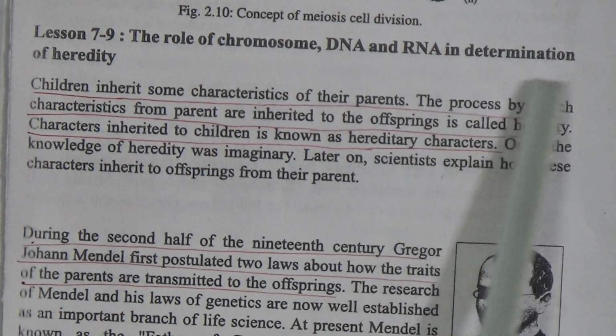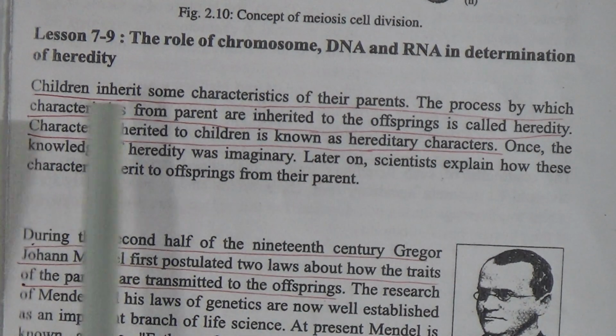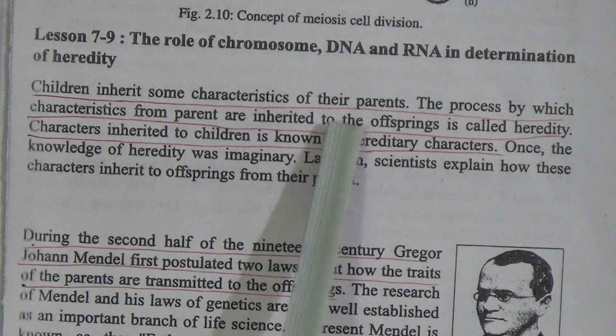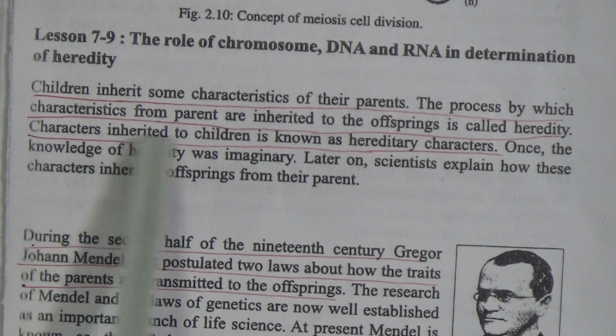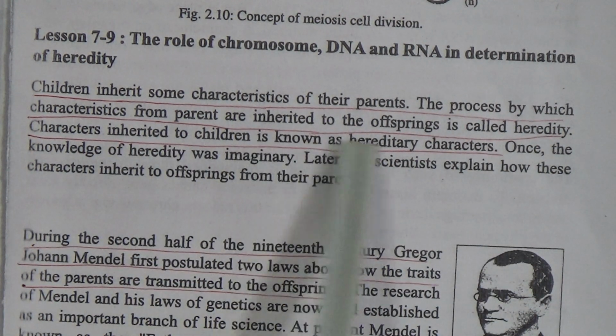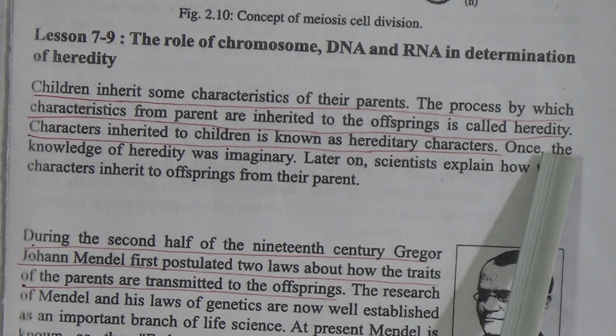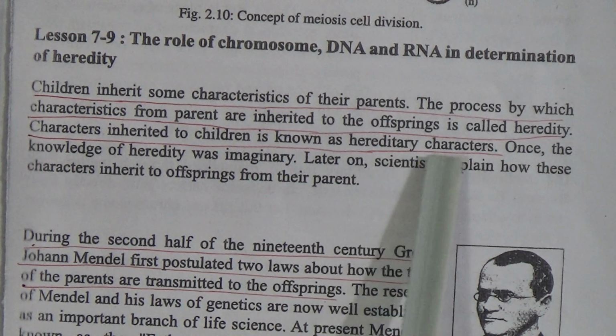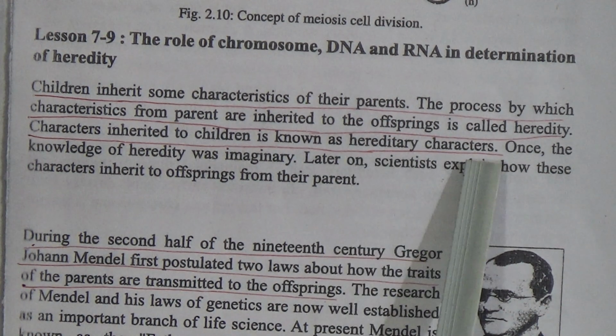Now come to the next lesson, the role of chromosome, DNA and RNA in determination of heredity. Children inherit some characteristics of their parents. The process by which characteristics from parents are inherited by the offspring is called heredity. Characters inherited by children are known as hereditary characters.